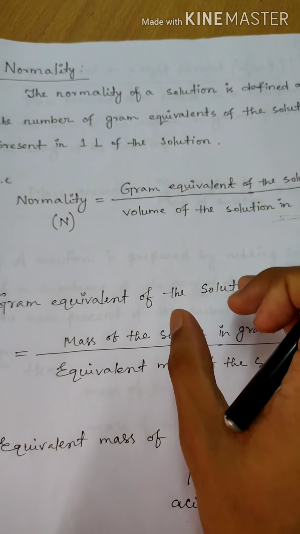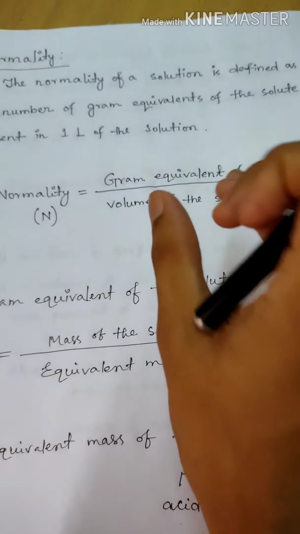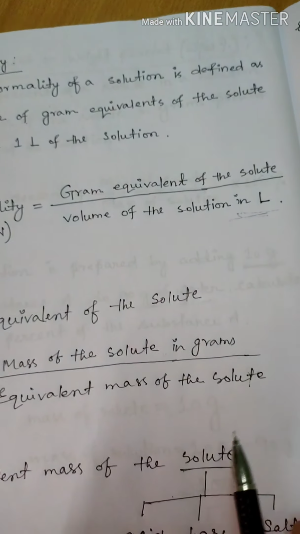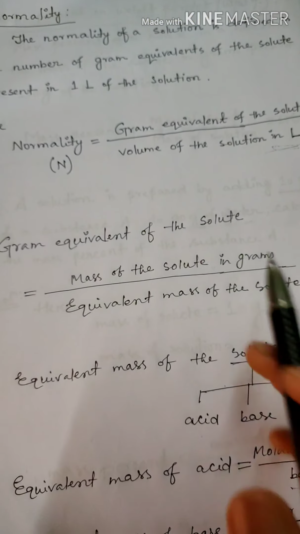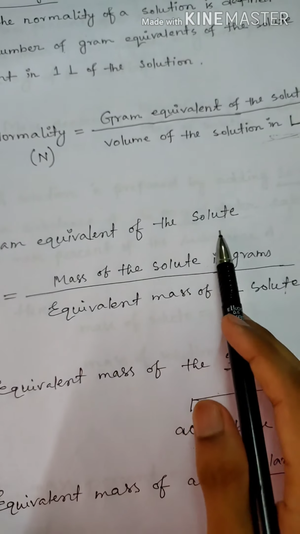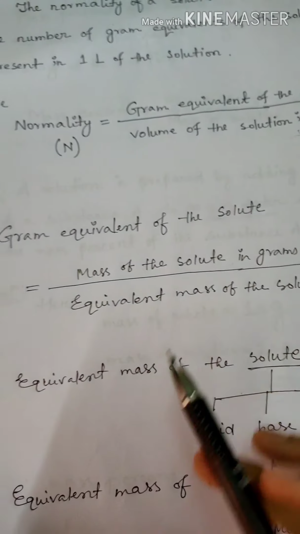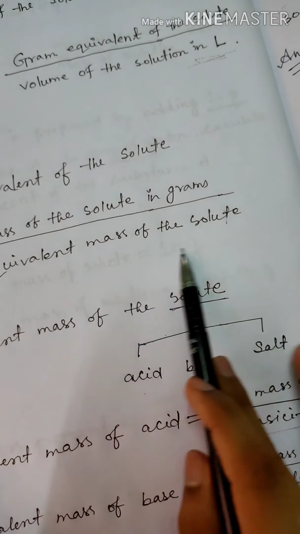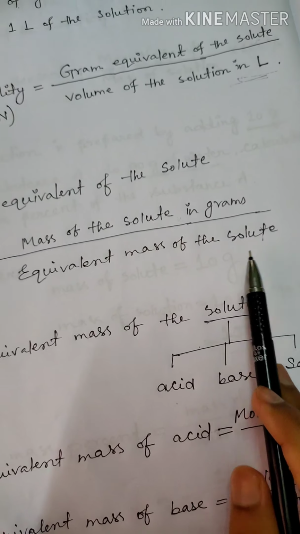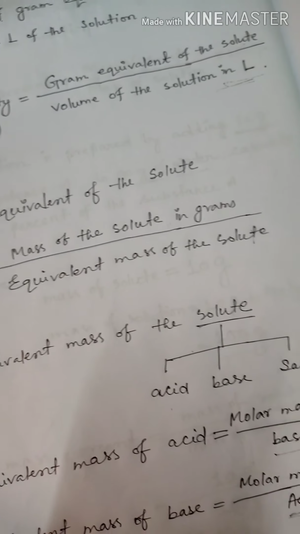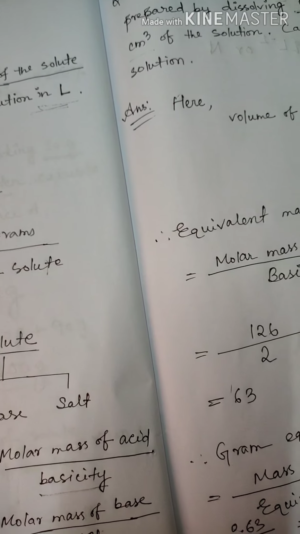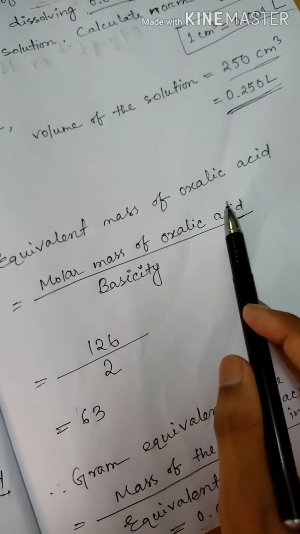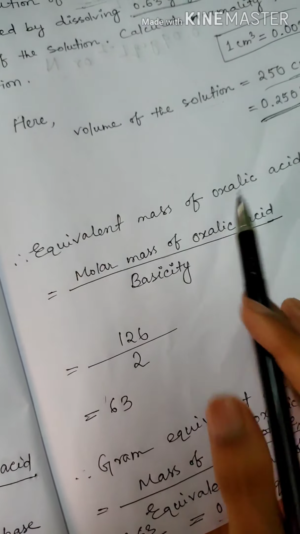So for finding normality, we have to know first the gram equivalent of the solute, and for the gram equivalent of the solute, we have to know the equivalent mass of the solute. That's why we first find the equivalent mass of the solute, here oxalic acid.